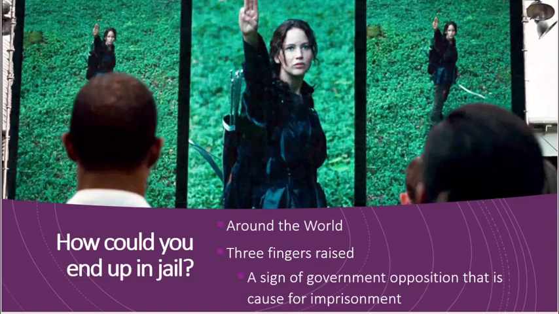If you're ever traveling somewhere and you know that that country has the potential for instability government-wise, you want to be careful, because if you start seeing this symbol around you, it could mean that there's something brewing, and you want to be mindful of that. It is such a well-recognized symbol of opposition that it could be a cause for imprisonment if government officials suspect that there is some kind of action brewing in the background.